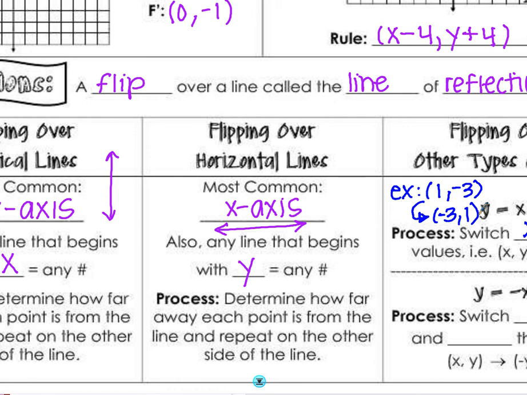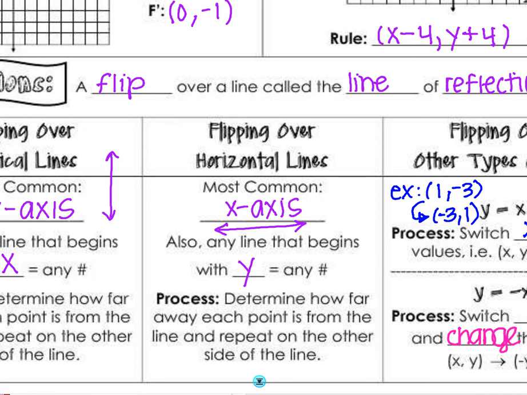Now we did the line y equals negative x. So that would give you this line right here. So here's your axis, and it's the exact opposite. It would look like this. The line would be going down, with a slope of negative 1. So what you'll do is you switch x and y and change their signs.